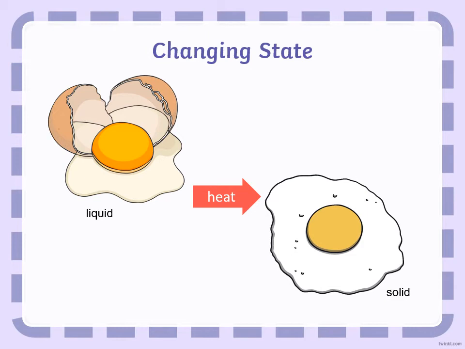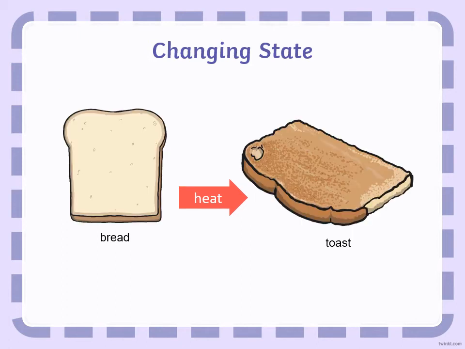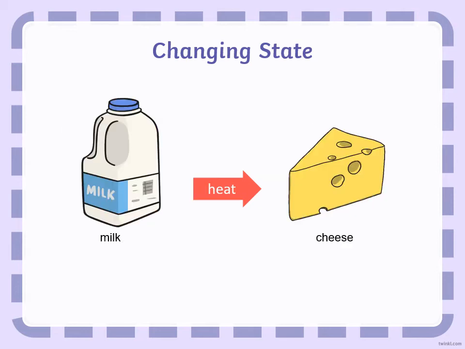If we take an egg, crack it onto a stove where there's heat, it becomes a solid form of an egg. If we put a bit of bread in the toaster and heat it, it becomes toast. If you heat milk, it becomes cheese.